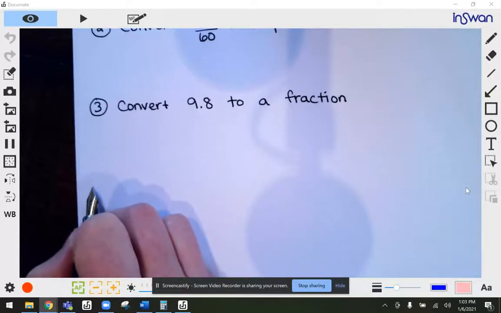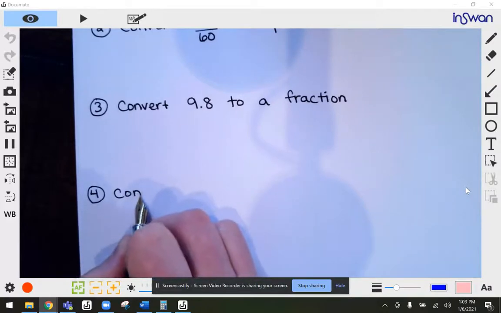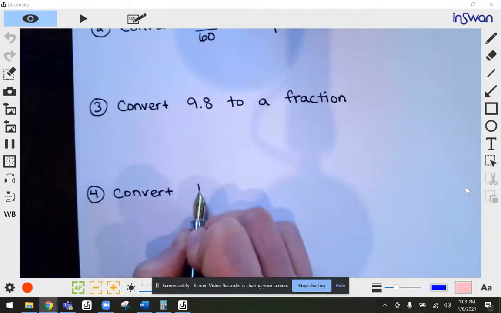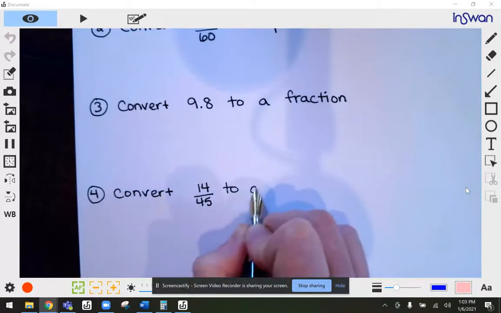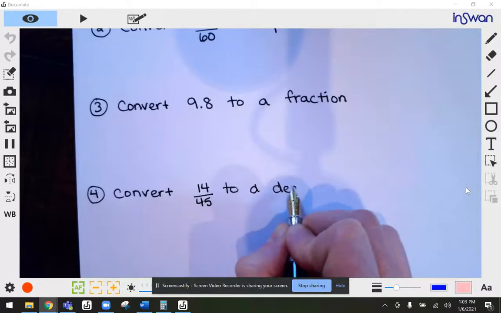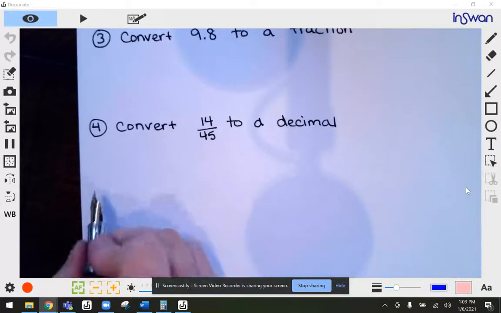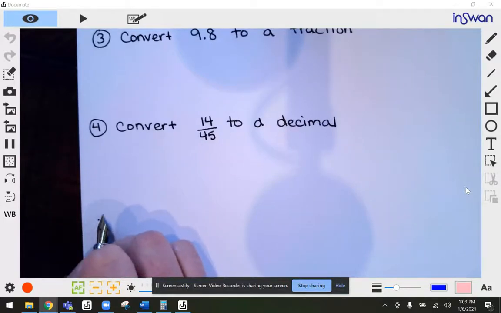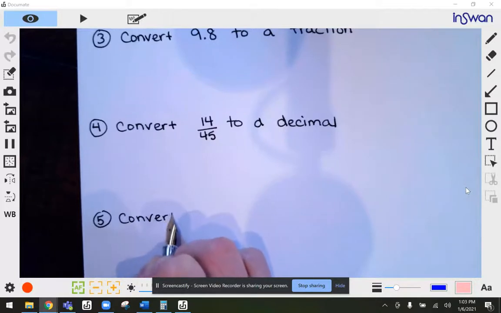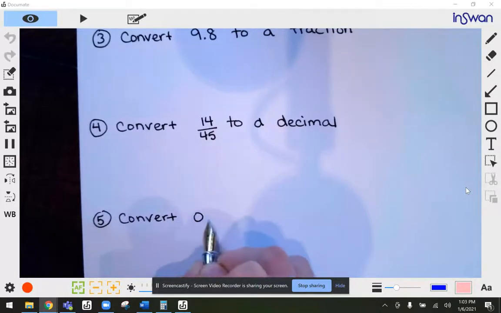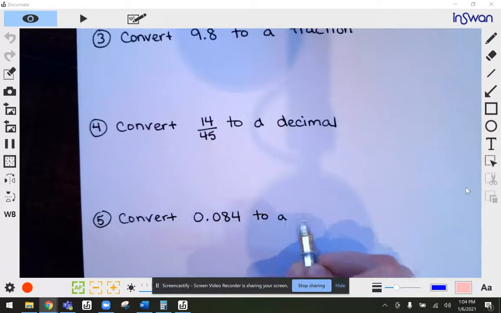Okay, number 4 is convert 14 over 45 to a decimal. Number 5 is convert 0.084 to a percent.